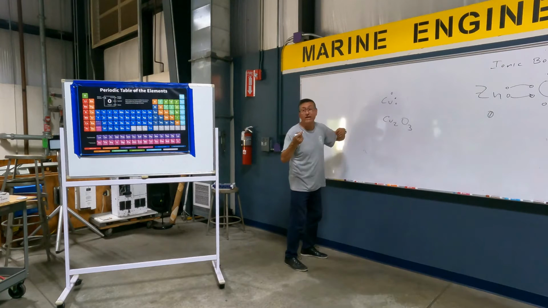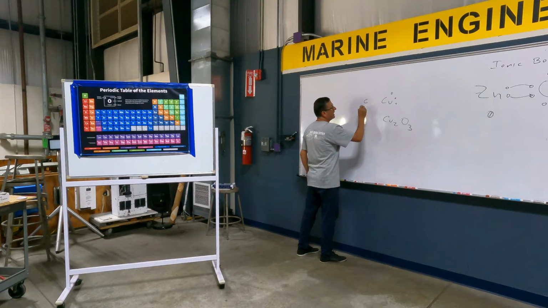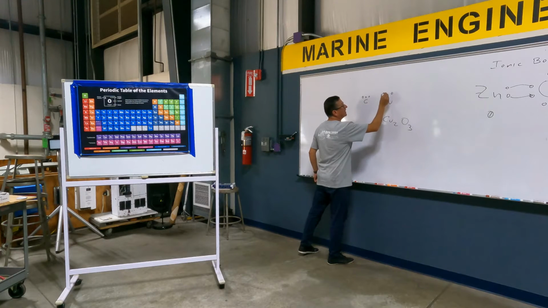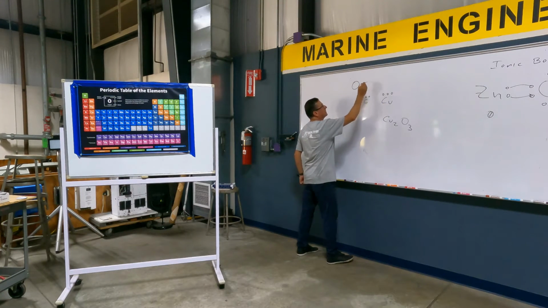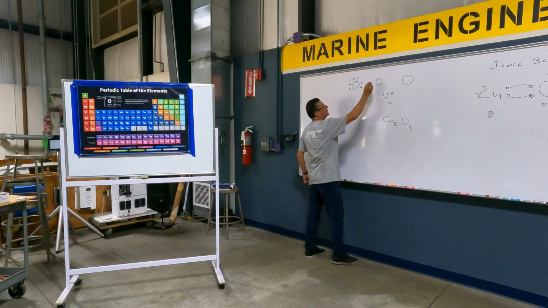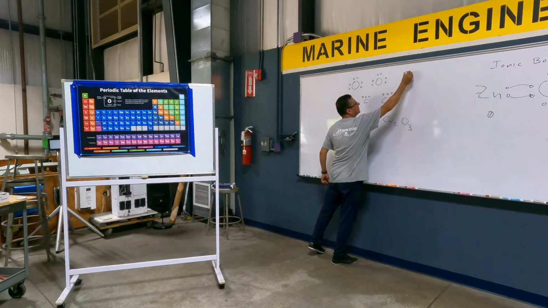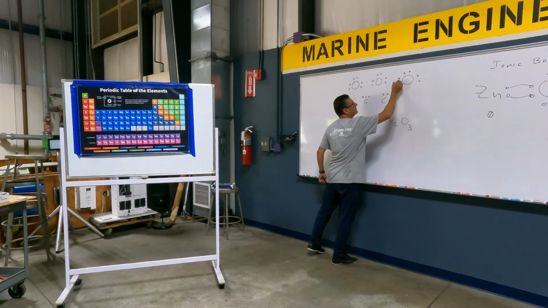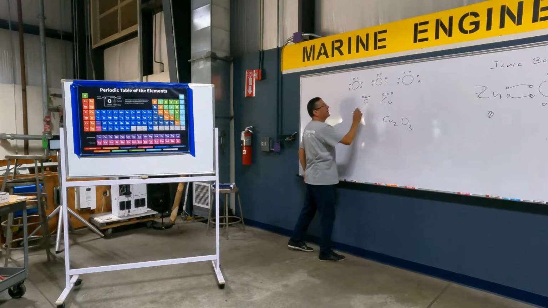Let me explain how that process works. I need 2 coppers with 3 electrons in the last orbit, and how many oxygens? 3. How many electrons in each oxygen? 6. Now, guys, do you follow me? 6, 6, and 6. 3 and 3 for copper.